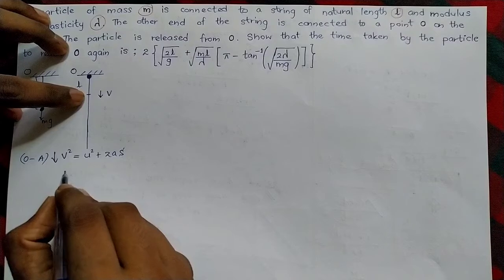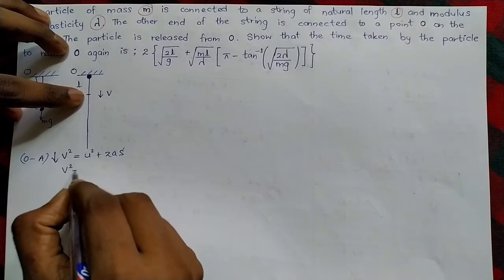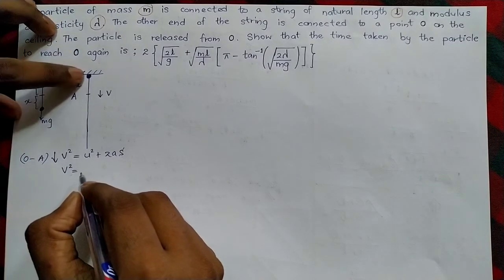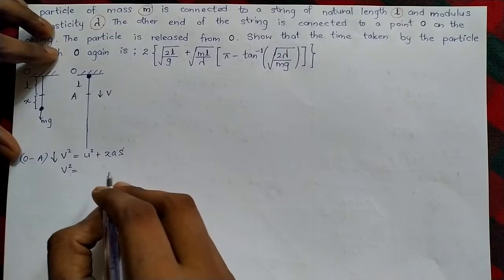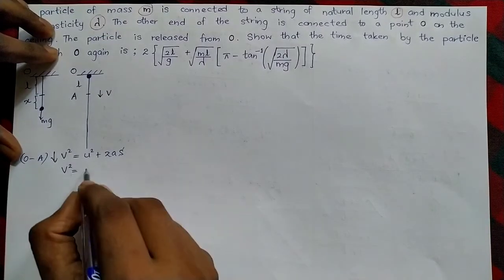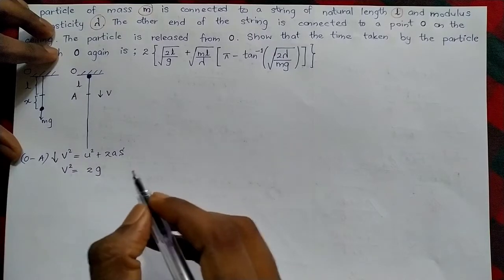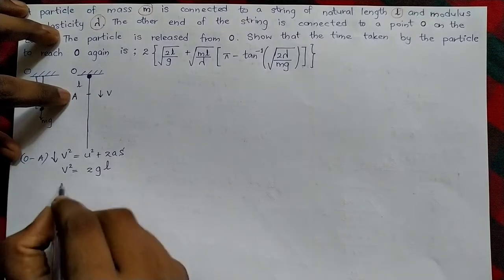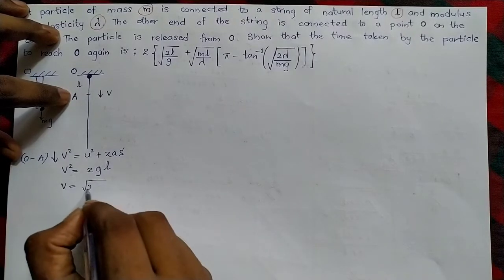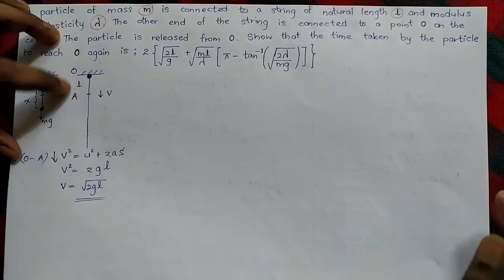Then final velocity at A is v. Initial velocity is 0. There was no velocity. We are just releasing the particle. Then acceleration downward is gravitational acceleration. Displacement between O and A is L. Then what is v? It is square root 2gL.